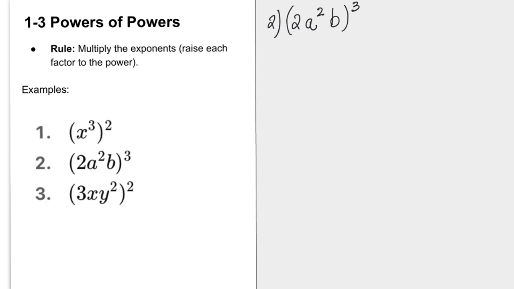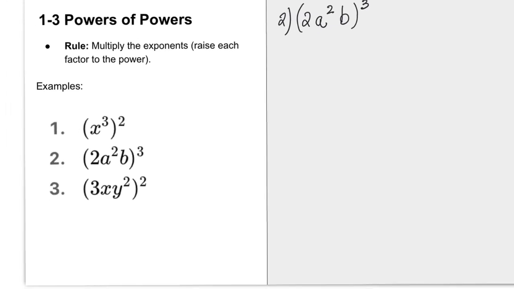Now first understand when the number doesn't have any exponent. For instance, if we're writing 2, 2 is raised to the 1st power because it's 2, right? And same thing for a. a is raised to the 1st power. b is raised to the 1st power. That means it's just showing there's 1 2, 1 a, 1 b. Okay?